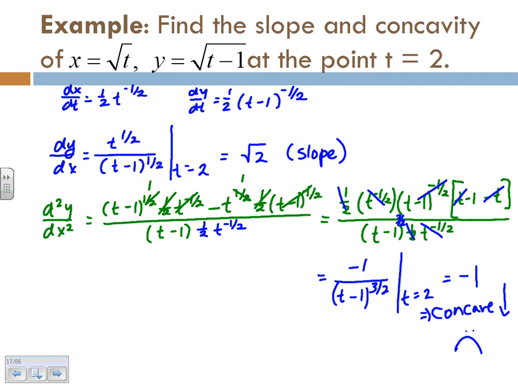Good. So you know that when t is 2, you've got a slope of radical 2 and that it is concave down for this set of parametric equations.